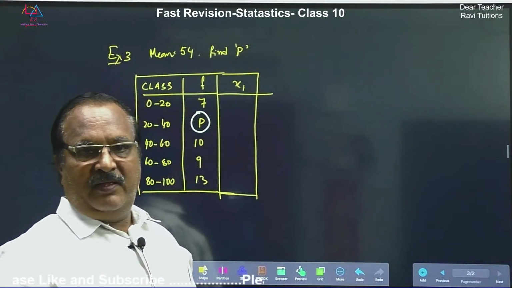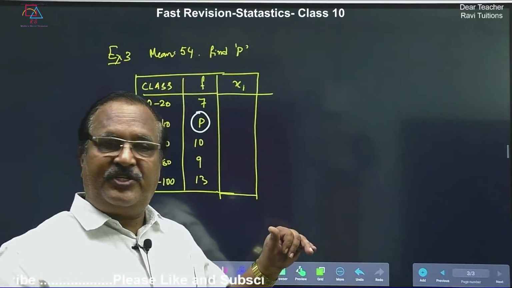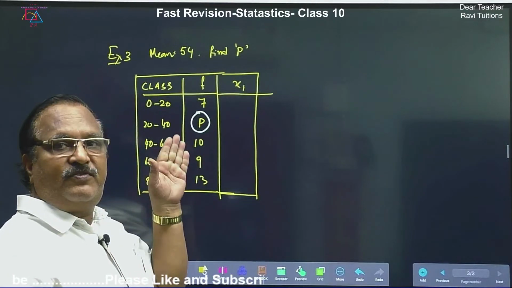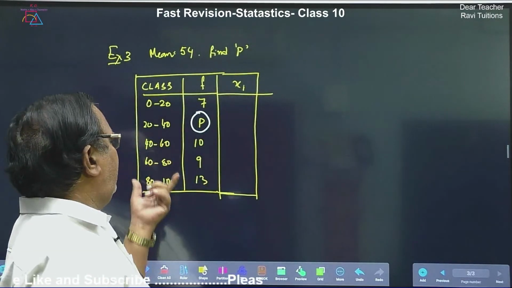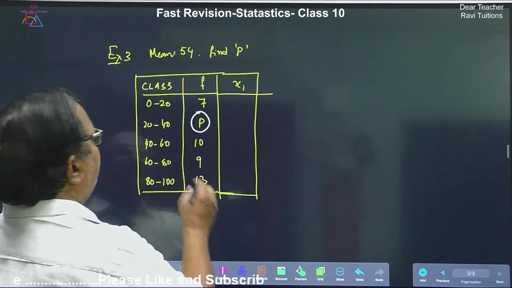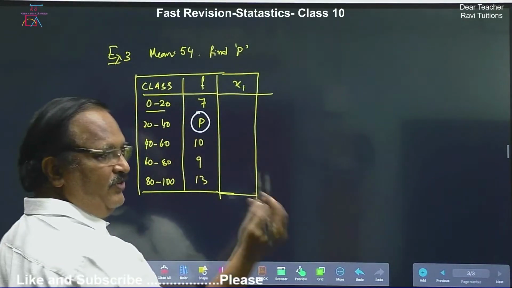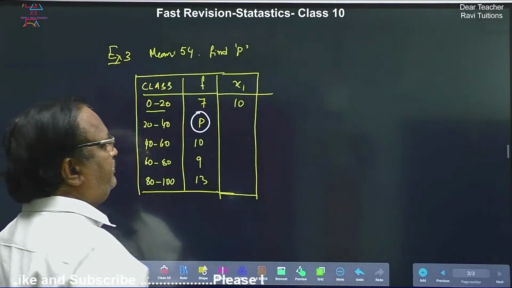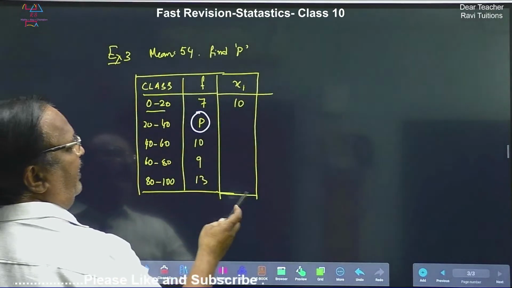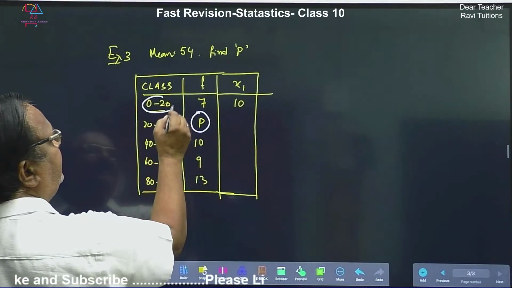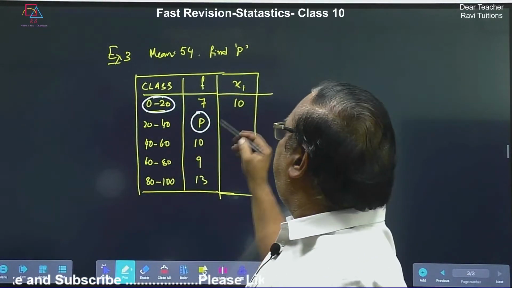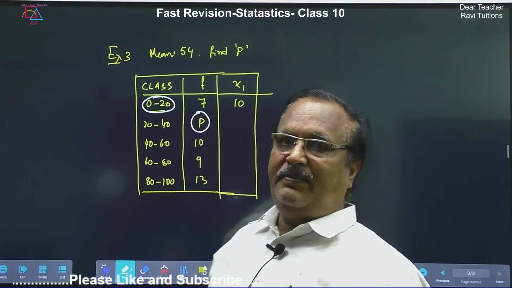In the previous question, x is given directly, but in this question, x we have to find out from the class intervals. So 0 plus 20, 20, and 20 by 2, 10. That means you have to add both the limits. This xi is the average of the two limits.